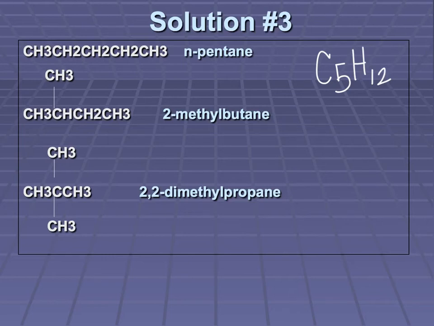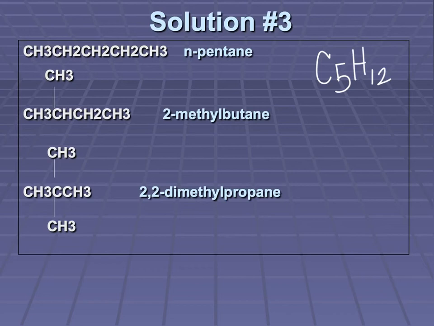Okay, now if you take one of these carbon groups there, take it off of the end and move it onto one of these middle carbons, then you still end up with 1, 2, 3, 4, 5 carbons, and then if you add up the H's, 3 plus 3 is 6, 7, 9, and then you end up with 12 H's.